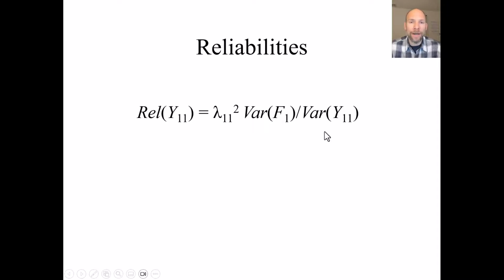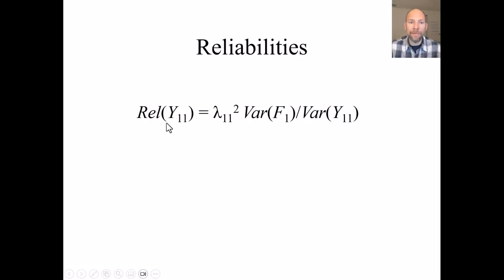The variance of y11 is a function of the factor lambda squared times the factor variance plus the error variance component. And so with this fraction, we can estimate the proportion of variance in y11 that is reliable variance or true score variance.